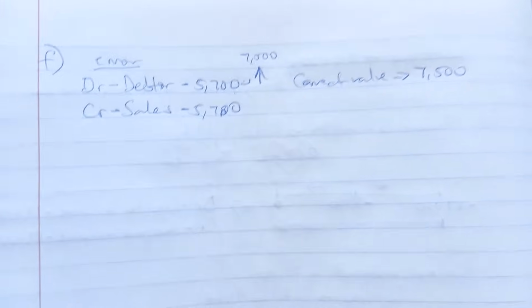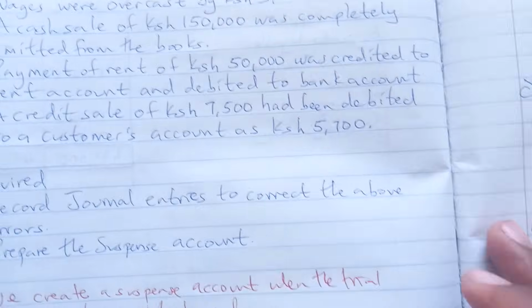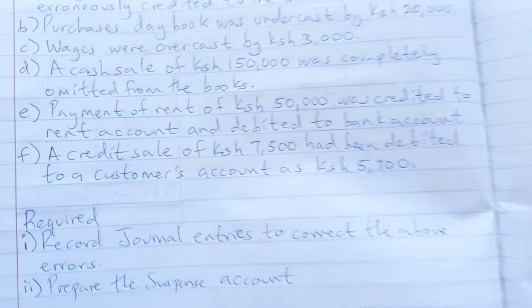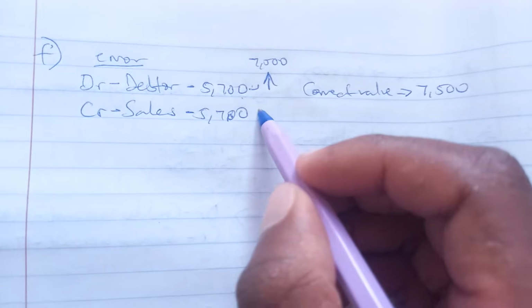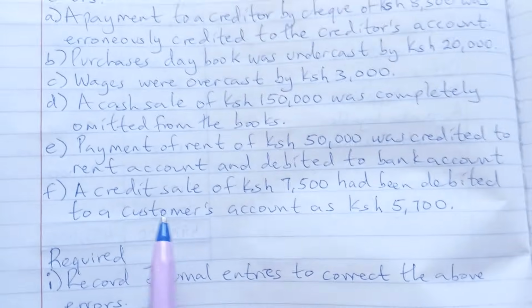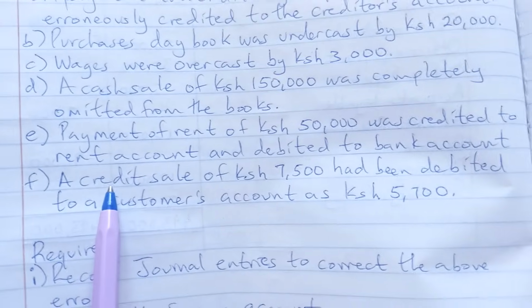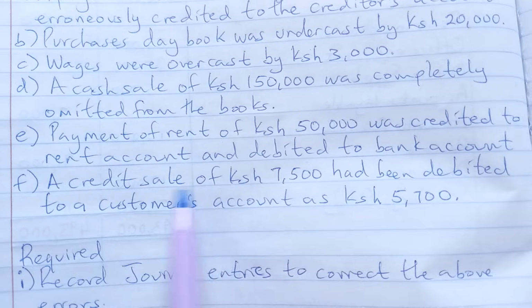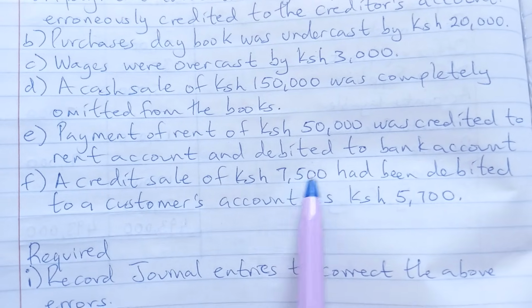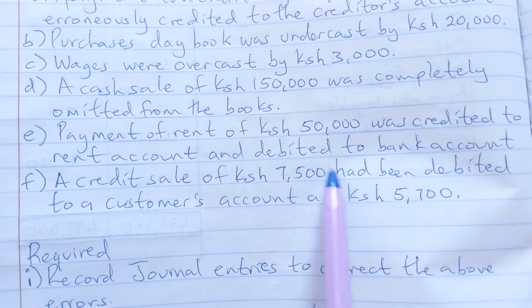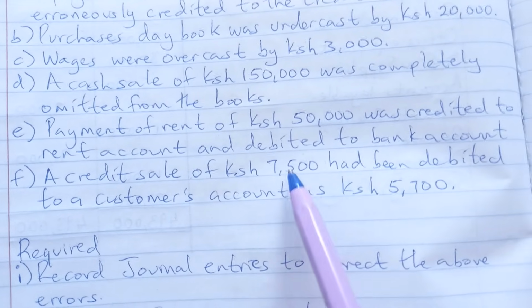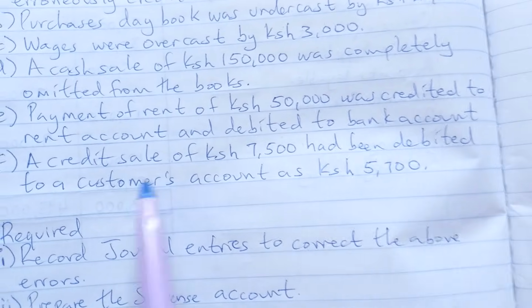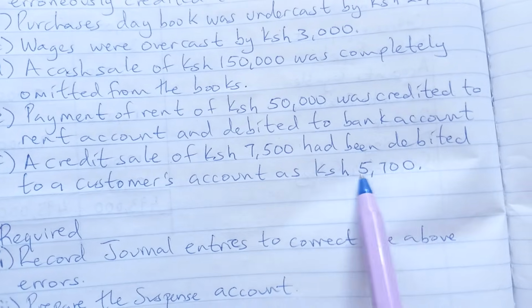Okay, so someone might ask, if we're increasing this value, then why are we not increasing that of sales? If you look at the question, we have been told that the credit sale of 7,500, already this value has been recorded in the sales, but we are being told that it has been debited to a customer's account as this.